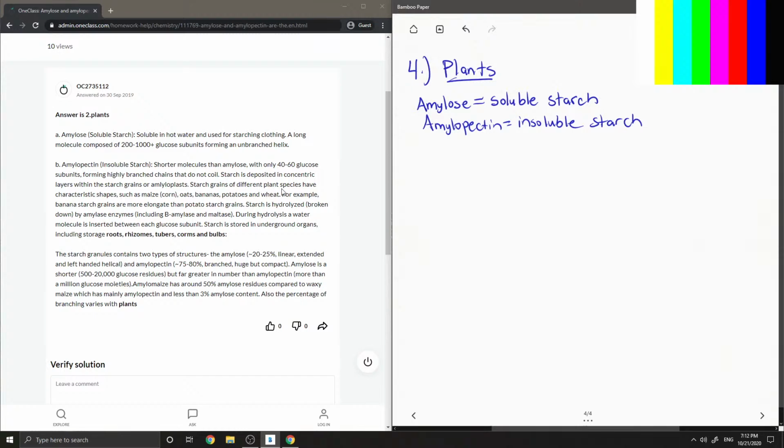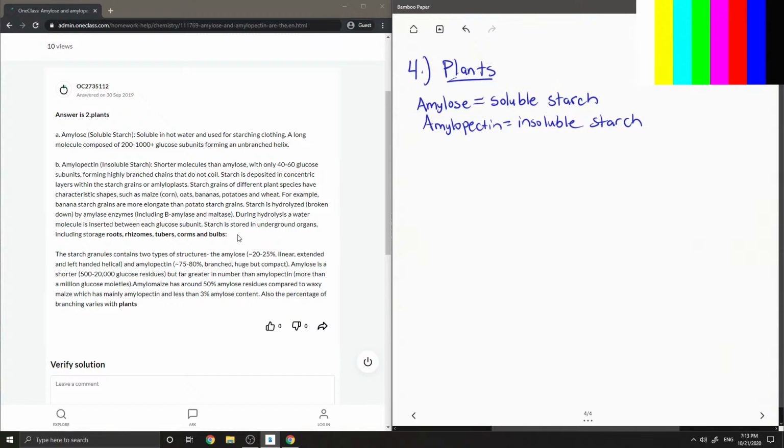Starch grains of different plant species have characteristic shapes such as maize, corn, oats, bananas, potatoes, and wheat. For example, banana starch grains are more elongated than potato starch grains. The starch is hydrolyzed, broken down by amylase enzymes, and during hydrolysis, a water molecule is inserted between each glucose subunit.